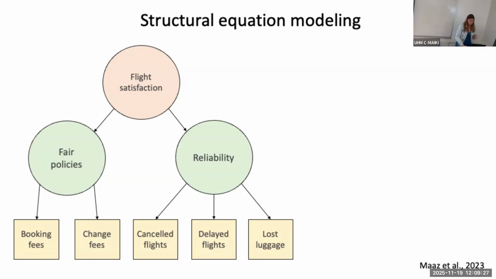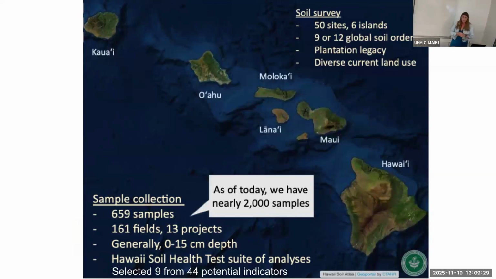So we took this approach. What we did is, over the years, conducted soil surveys. What I'm going to present in the scoring function is based on over 50 sites across 6 different islands, encompassing 9 of the 12 global soil orders, with and without a history of plantation agriculture, under diverse land use.